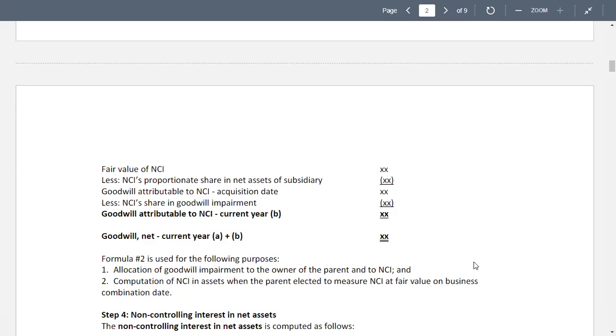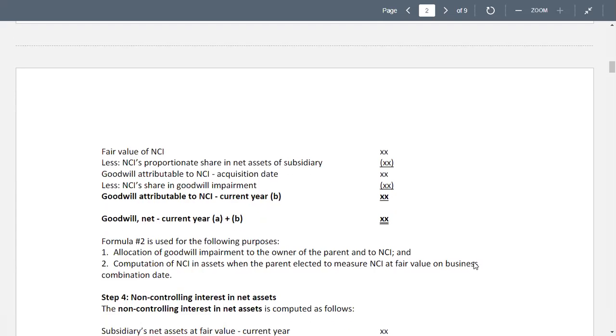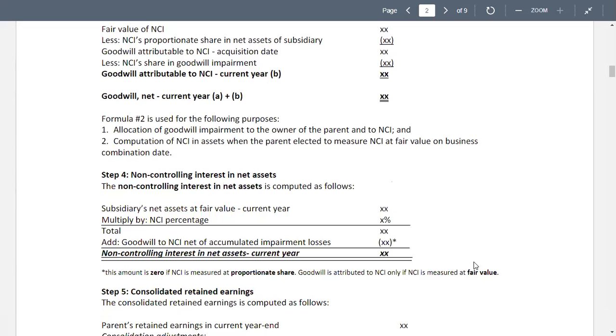Okay, we go to step number 4. In step number 4, we have the non-controlling interest in net assets. The non-controlling interest in net assets is computed as follows. We have the subsidiary's net assets at fair value, current year. We multiply this by the NCI percentage.